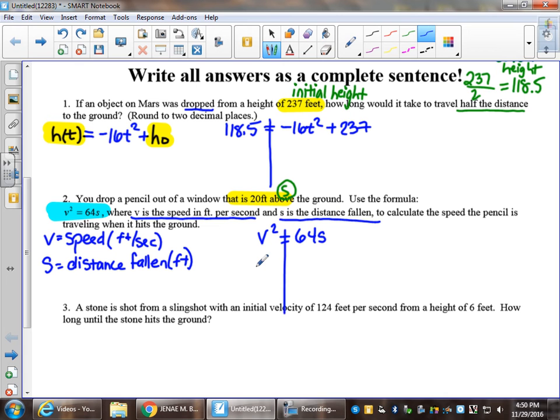Substituting that in, this becomes v squared equals 64 times 20. And from there, you can solve for v. You're finding the speed. So when you get v equals whatever your answer is, feet per second.